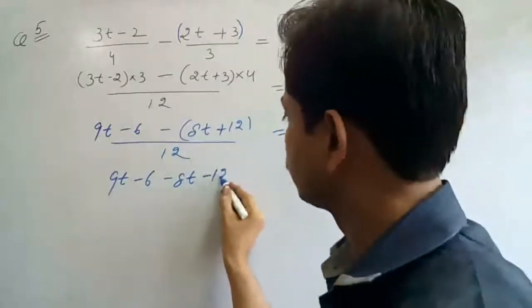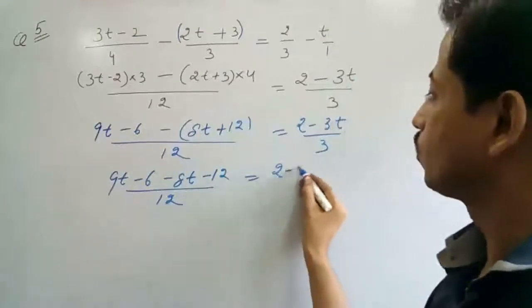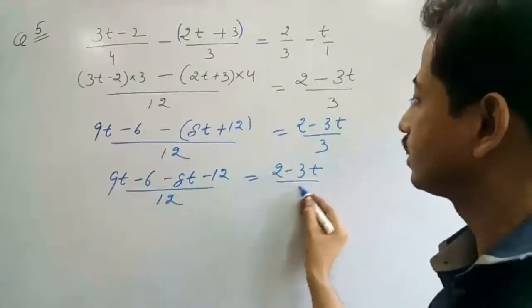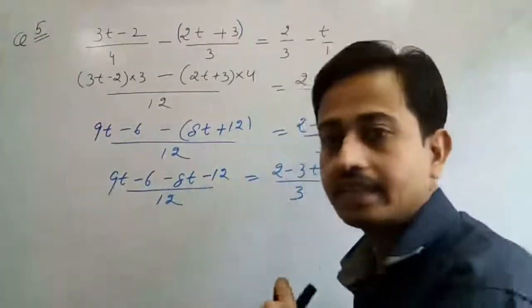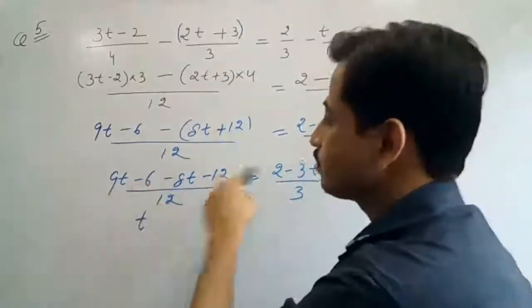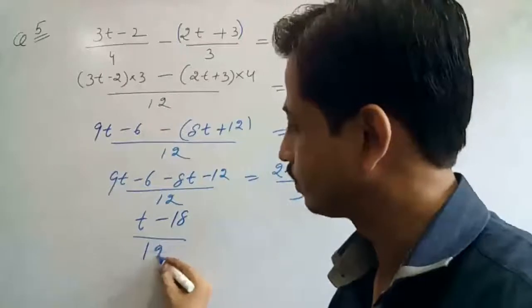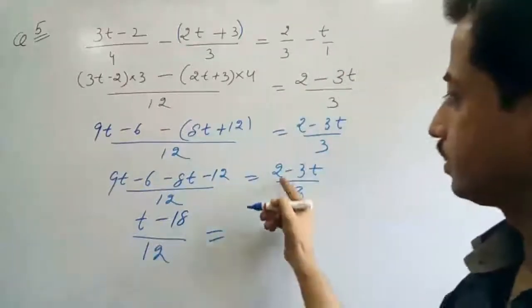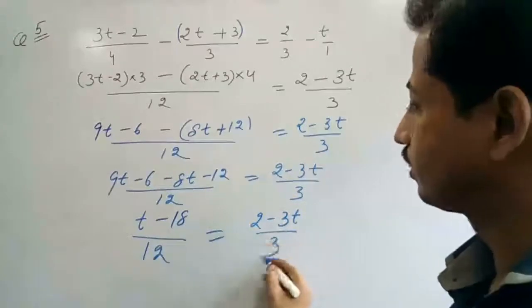We get minus 12 divided by 12, which is the same as 2 minus 3t divided by 3. Now solve this. This is 9t, this is 8t. 9t minus 8t, we get t. This is minus 6 and minus 12. We get minus 18 divided by 12. This is 2 minus 3t divided by 3.